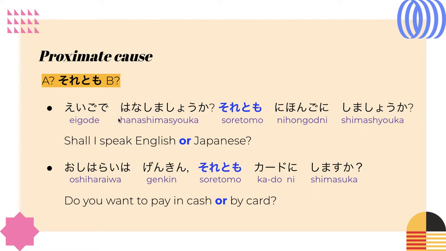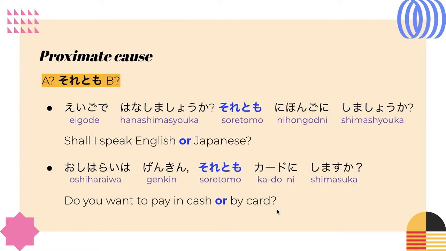So phrase A says, shall I speak in English? それとも, or 日本語にしましょうか, shall I speak in Japanese? as phrase B. The next one says, do you want to pay in cash or by card?